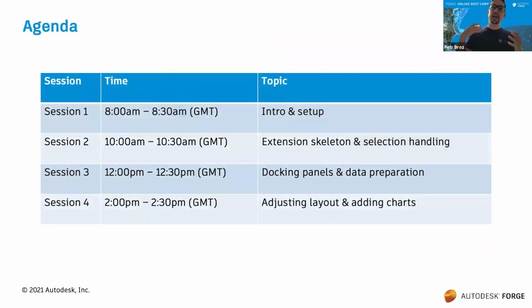All right. How we're going to proceed today: in the first session right now, we're going to make sure that we're all leveled, that we're all hopefully in the same state, to make sure that everybody has some kind of Forge application that they can run so that we can later start modifying it in the subsequent sessions.